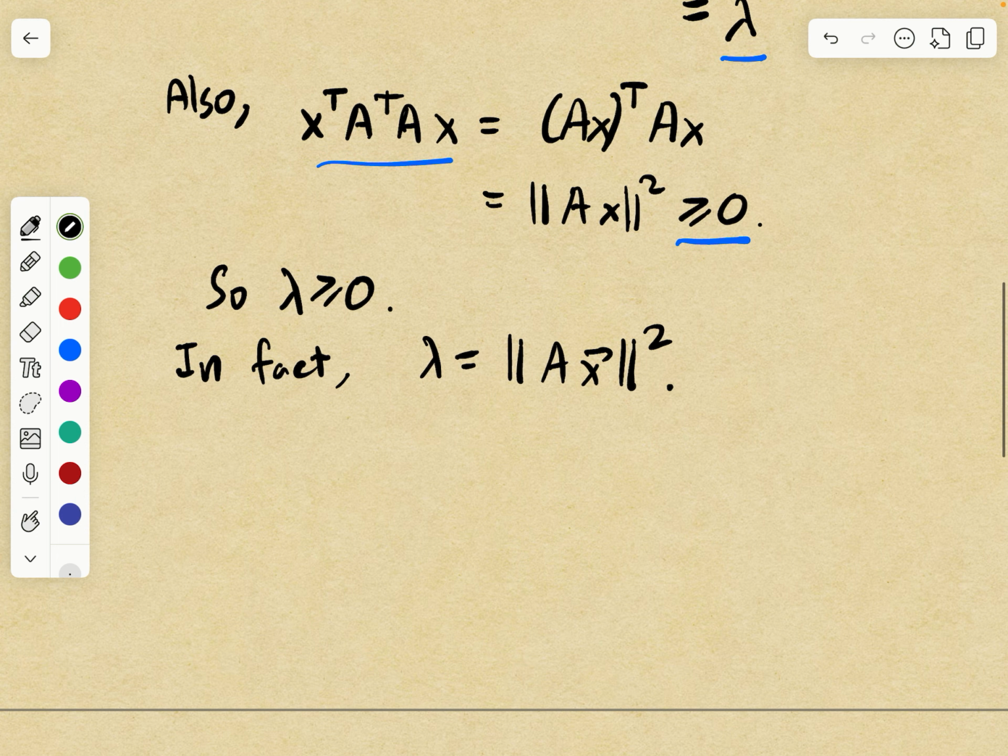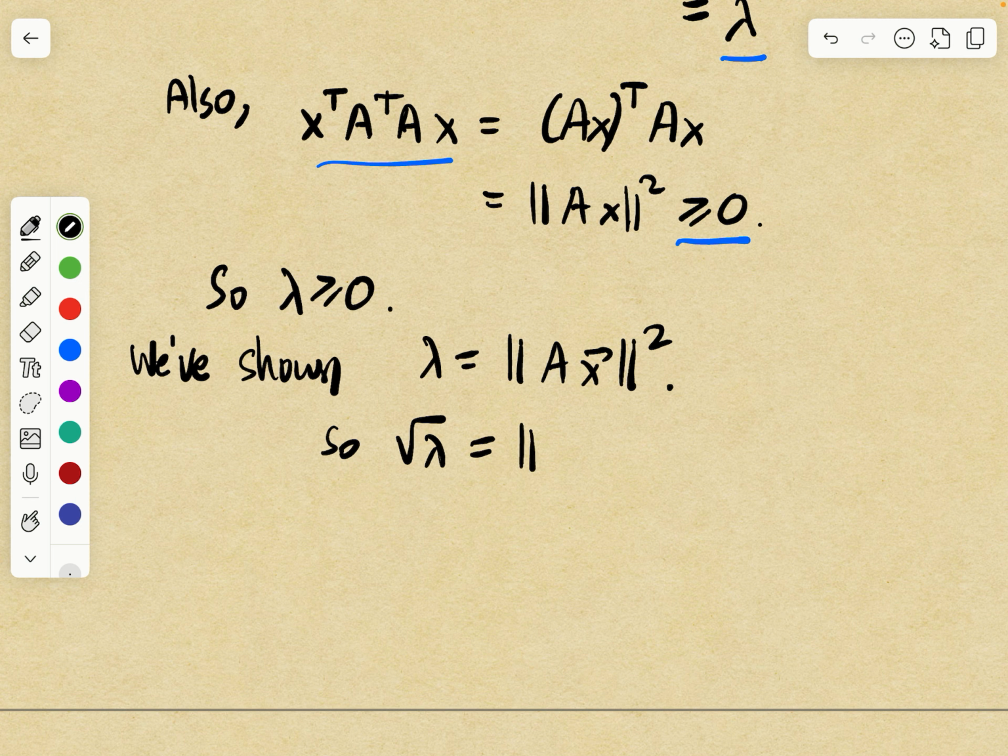We actually have shown that this is true because they're both equal to x transpose A transpose A x. So what we're going to do is we're going to take the square root. So if you take the square root of lambda, that's just going to be the length of A times x.